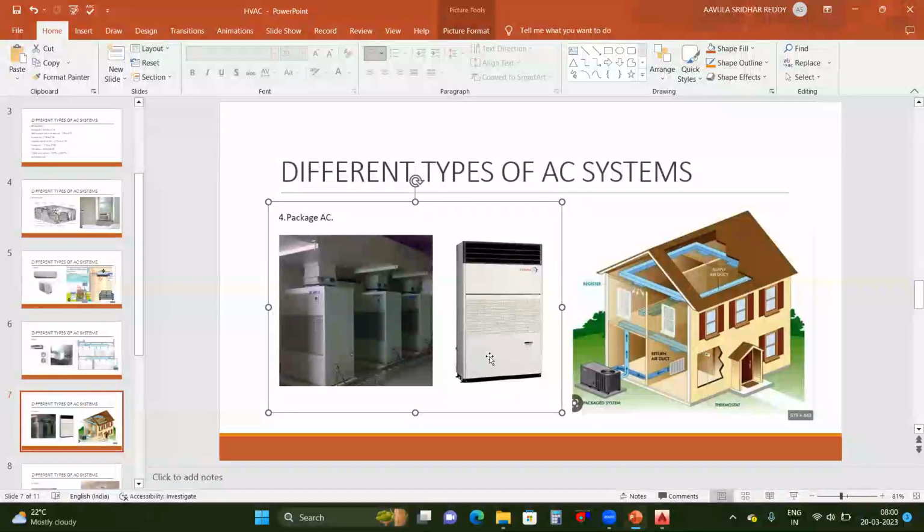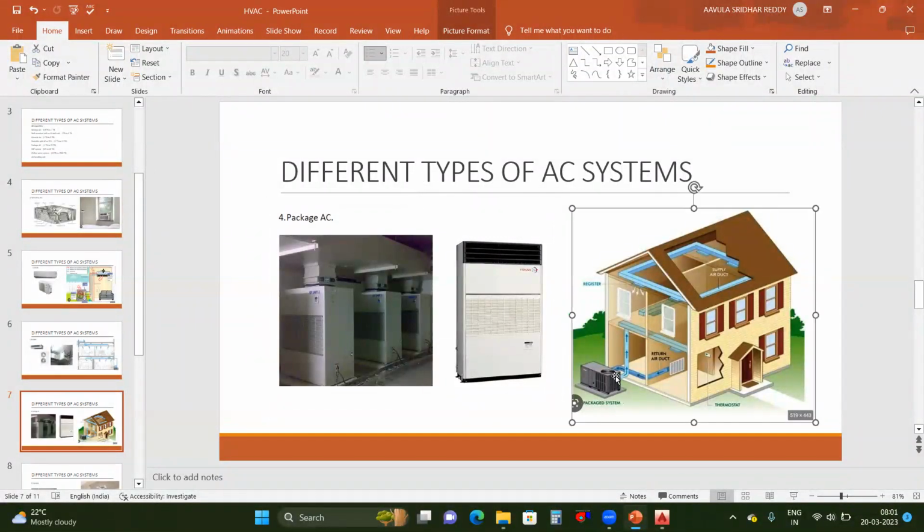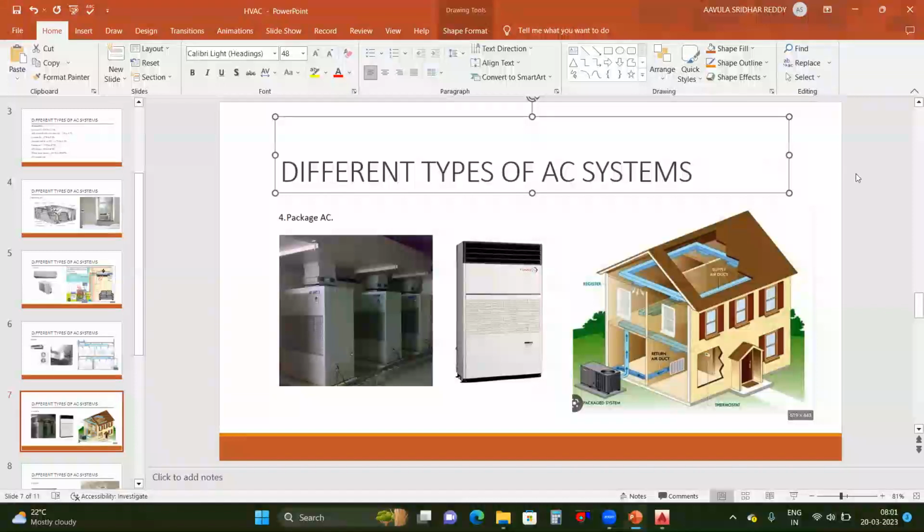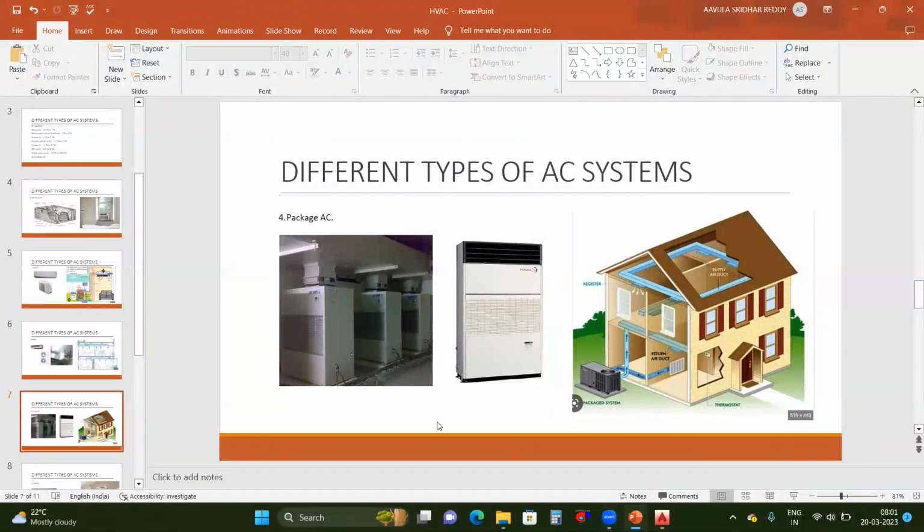We also have these kinds of standard packages. This is one more type: the floor mounted type, and this is a different one, the standard type. Everything comes with the same principle, but the design will vary slightly. So this is a package air conditioning system. Package AC also requires ducting and grills.